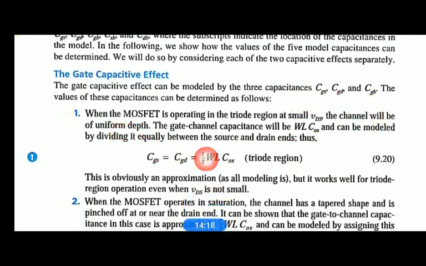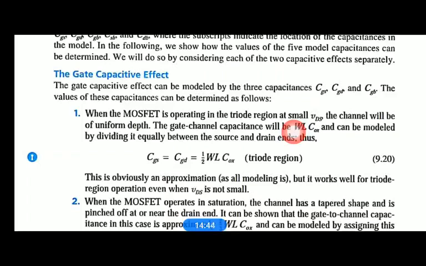First we will see when the MOSFET is operating in the triode region at a small VDS. When you apply a small VDS, the channel will be of uniform depth, and the gate to channel capacitance, W times L times COX, can be modeled by dividing it equally between the source and drain ends.